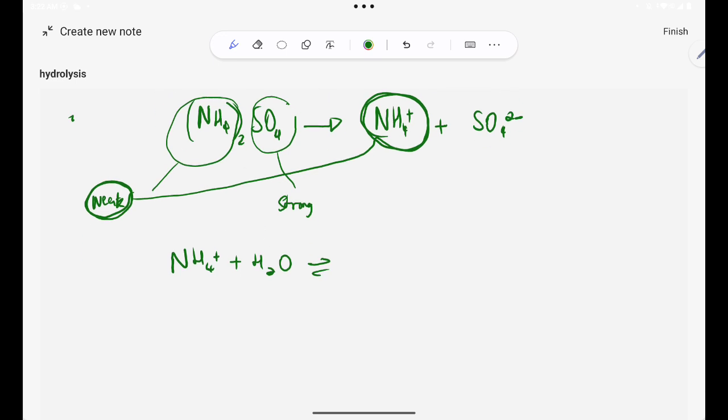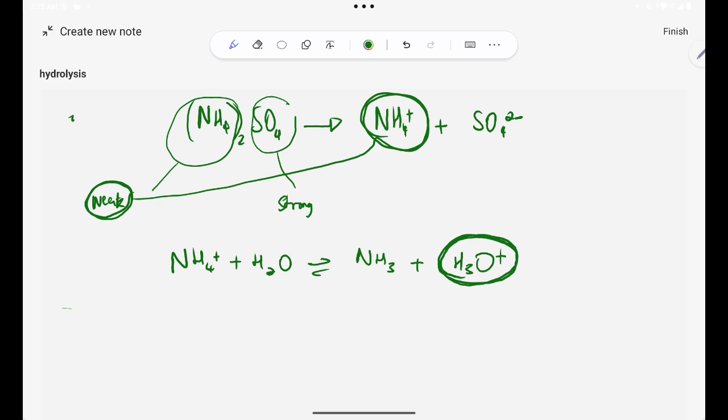So in this case, I'll simply have NH3 plus H3O plus. Now this is balanced. I can see that the ions formed in excess are the hydronium ions. So I can conclude that my solution will be acidic and the pH will be definitely lower than 7.